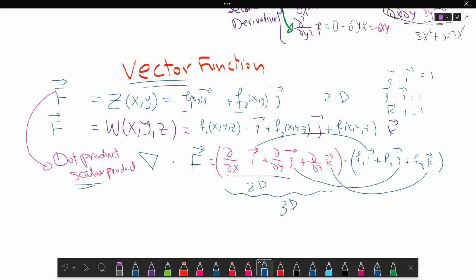Catch the point? But if they are different, i dot j will give 0. Why is it 0? Because they are perpendicular. Any 2 perpendicular vectors have a right angle between them, right?